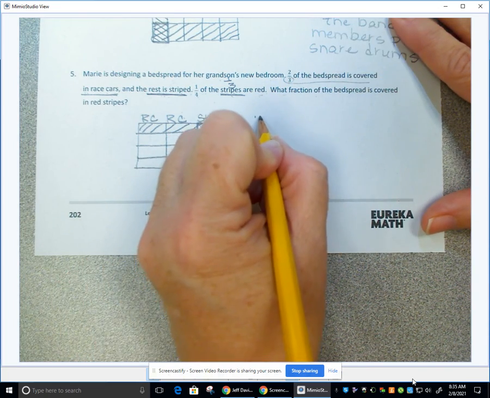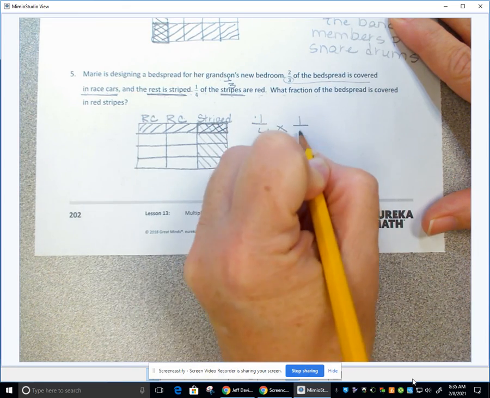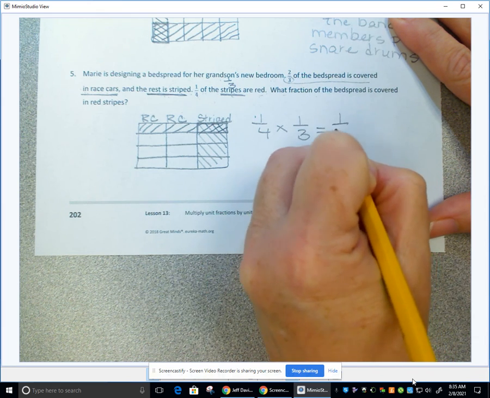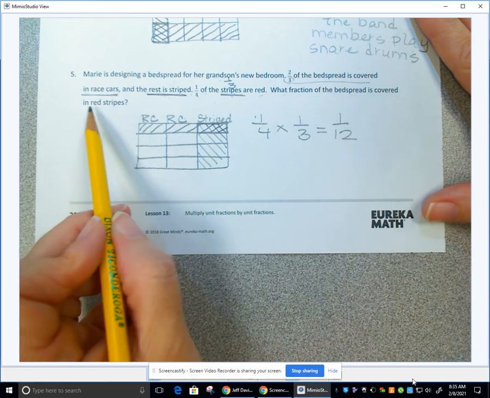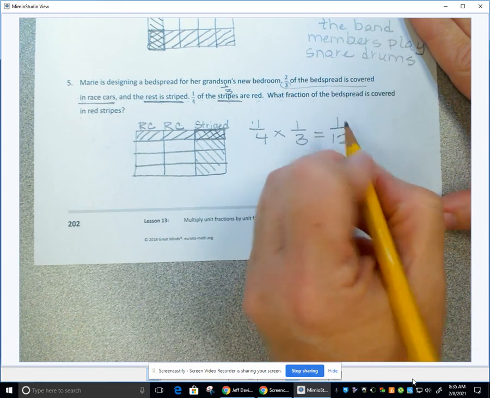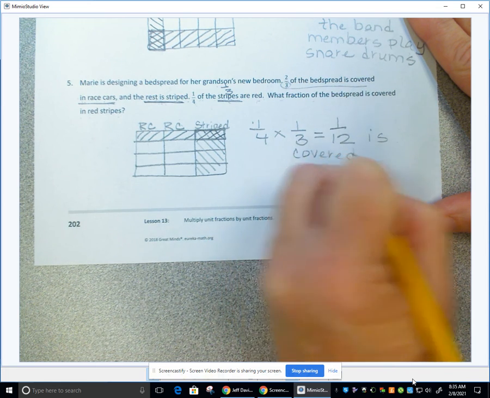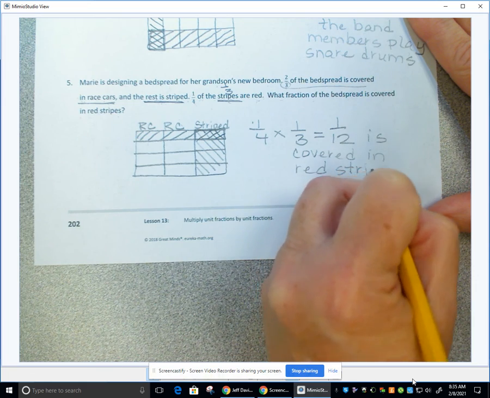So we know 1/4 of 1/3 equals 1/12. So what fraction of the bedspread is covered in red stripes? 1/12 is covered in red stripes.